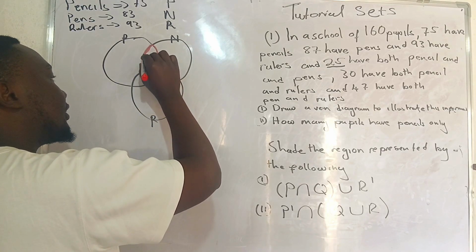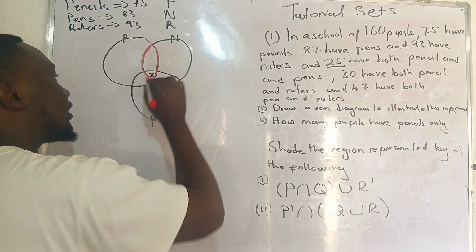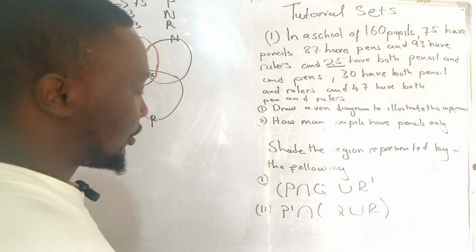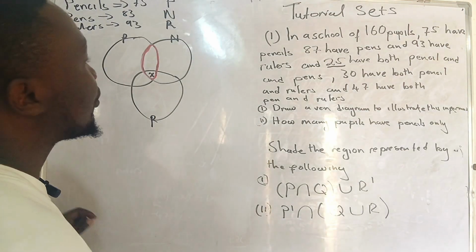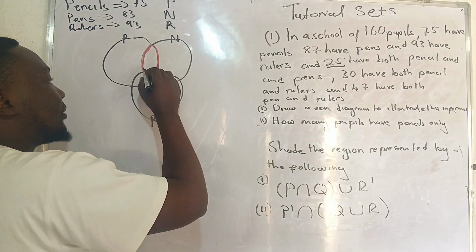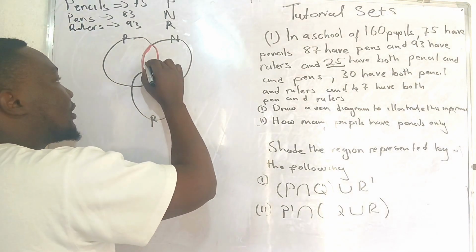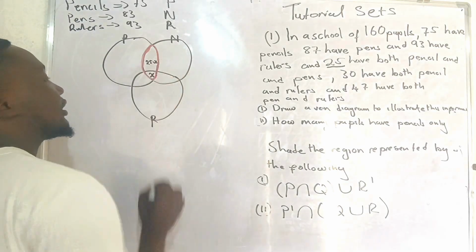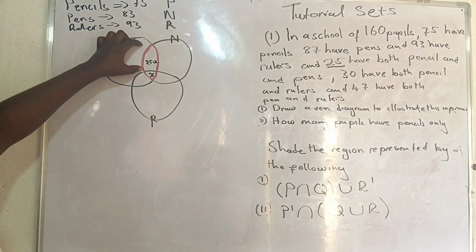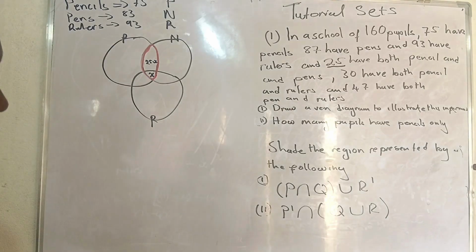In order to find the remaining region, we say 25 minus x. That's the remaining region, so we have removed the x.